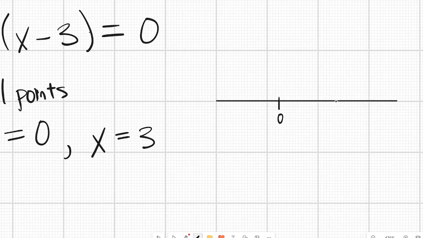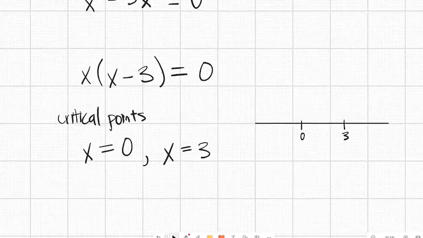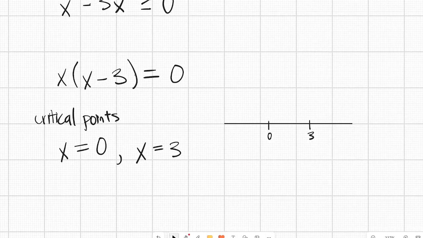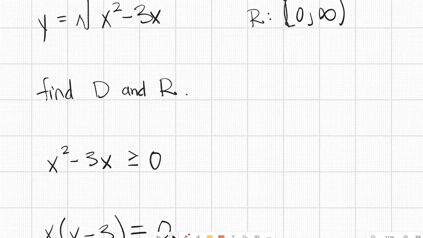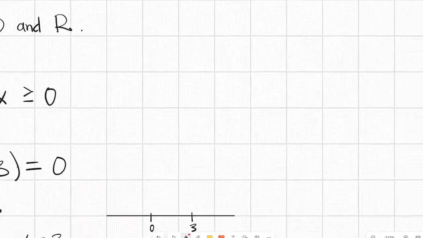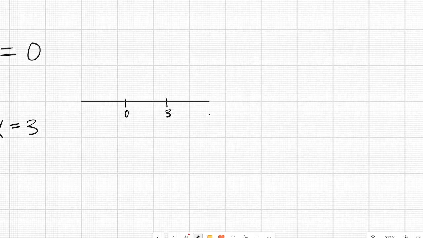We have 0, we have 3, and what I'm going to do is test different values to see the behavior around these critical points. Let's start with left of 0. What happens if we have negative 1 in this expression? What is y of negative 1?